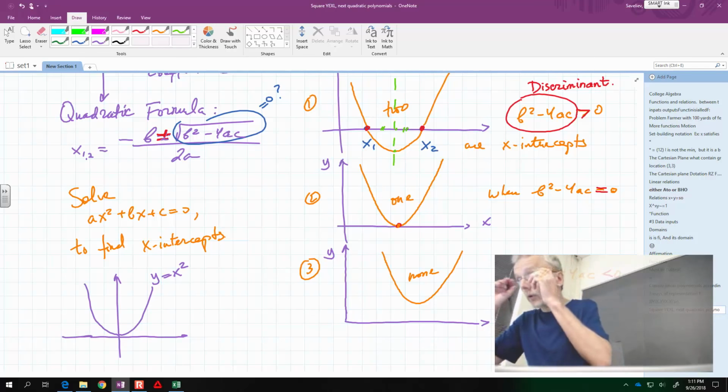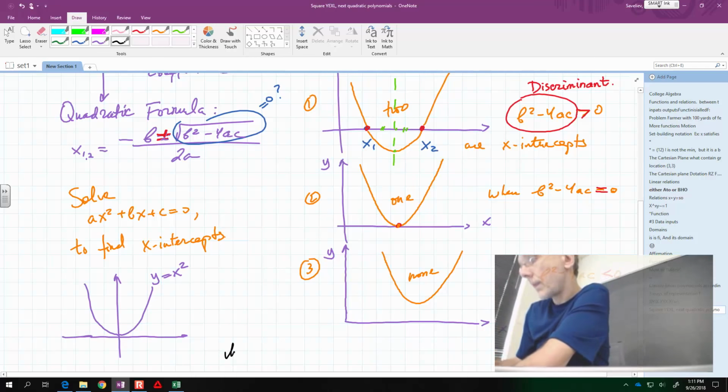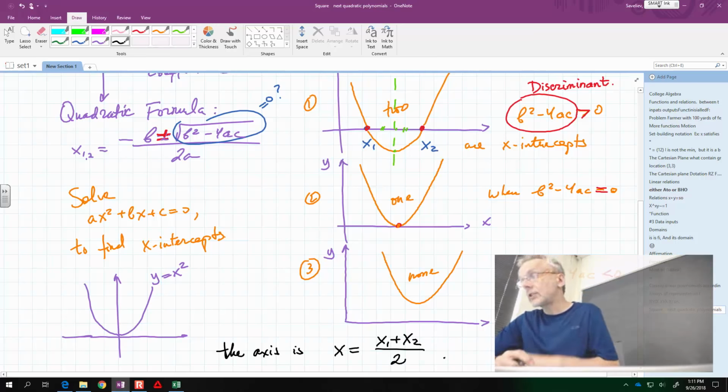Okay, so the axis is x equals x1 plus x2 over 2. So the axis is a straight line, something that we have talked about just recently.